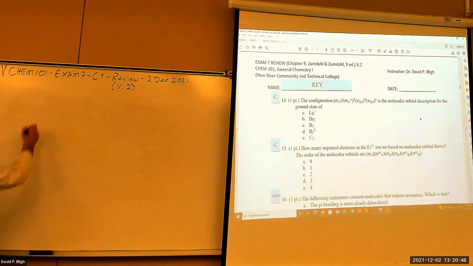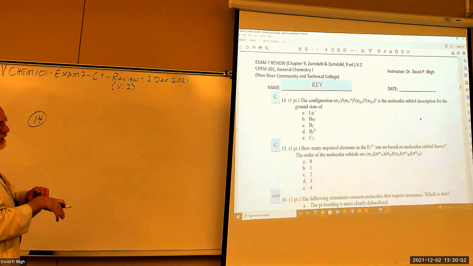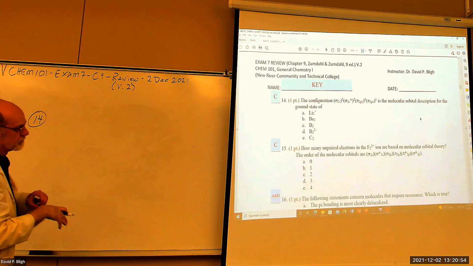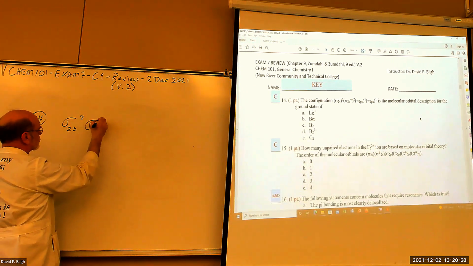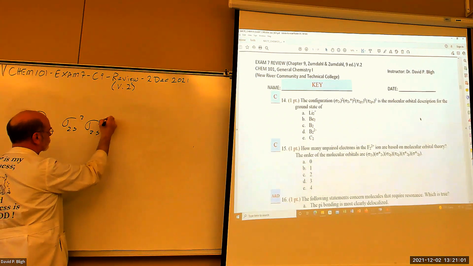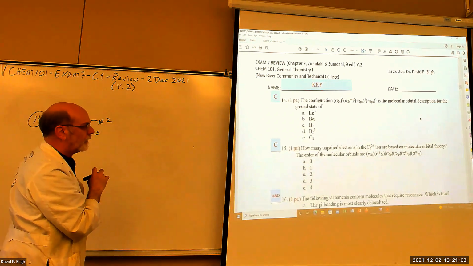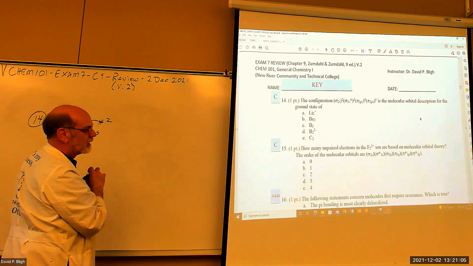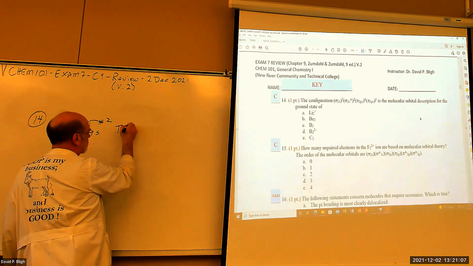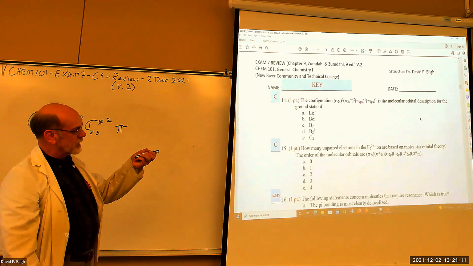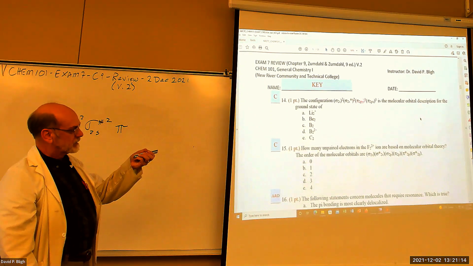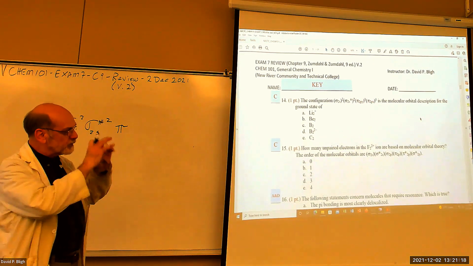Let's see if we can do this. If we have this molecular orbital configuration, sigma 2s with 2, sigma star 2s with 2, and pi. This one splits out. We would have written this pi 2p and put these 2 electrons on that, but this one splits them out.